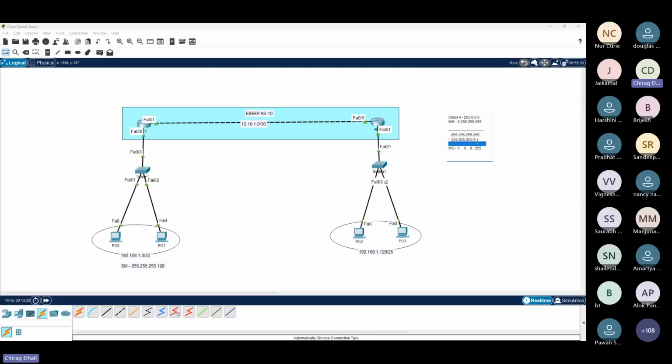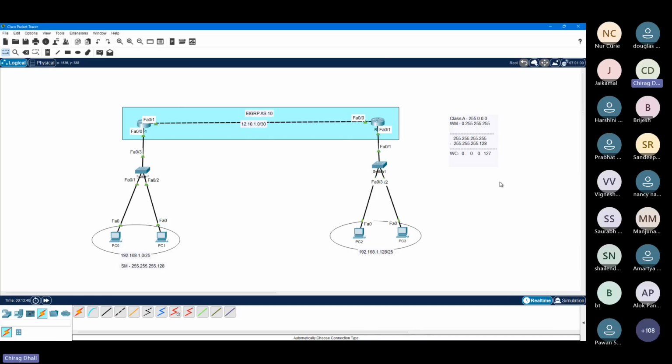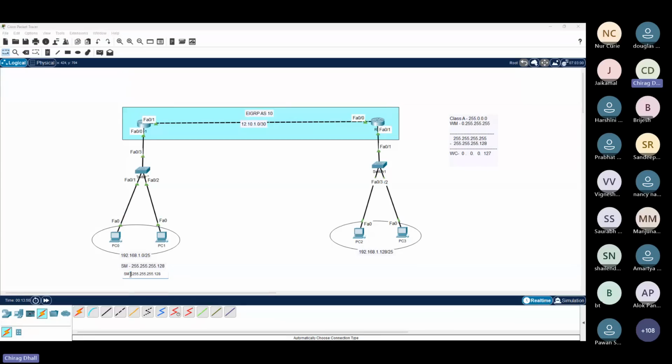I want to subtract 255.255.255.128, and I will get 0.0.0.127. So I can say for this network, my wildcard mask is going to be 0.0.0.127.